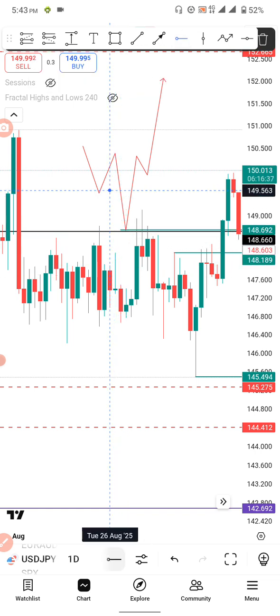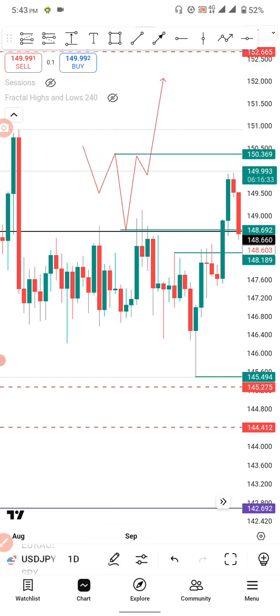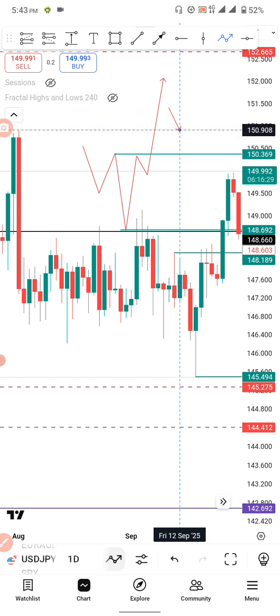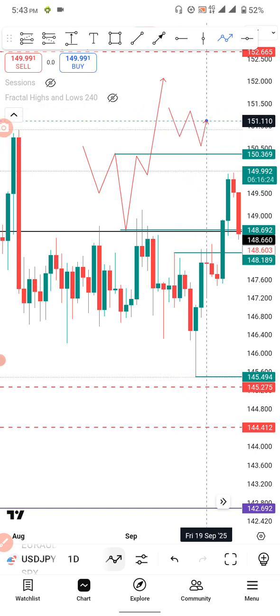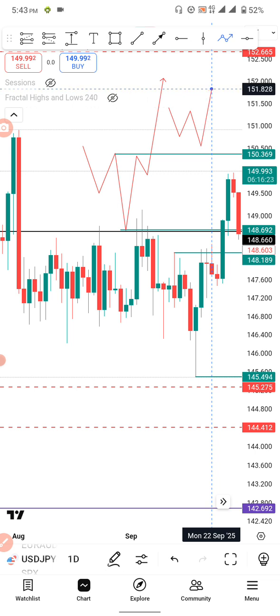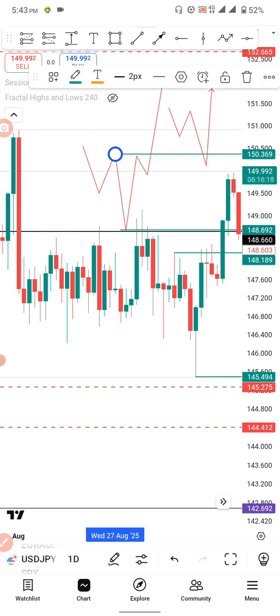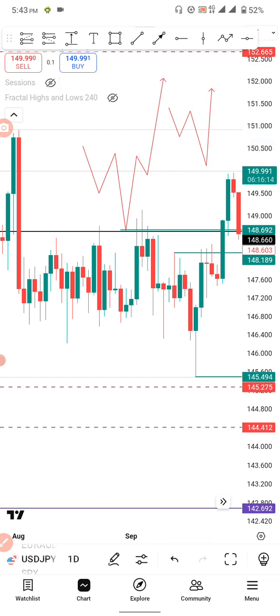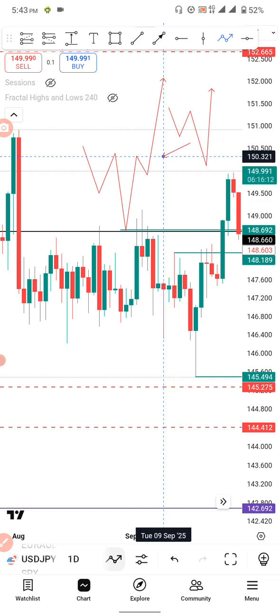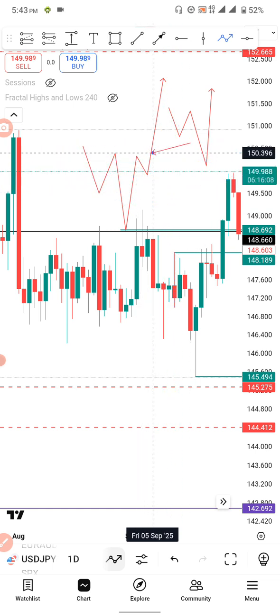Yes, and this pattern is just like this one, just that this one doesn't have this small push here. But they are the same.